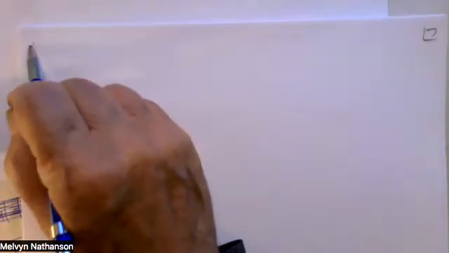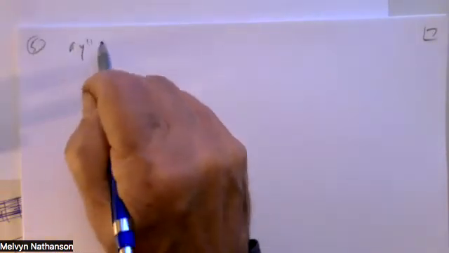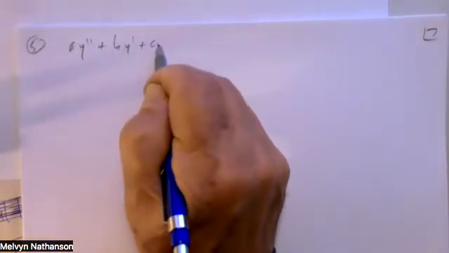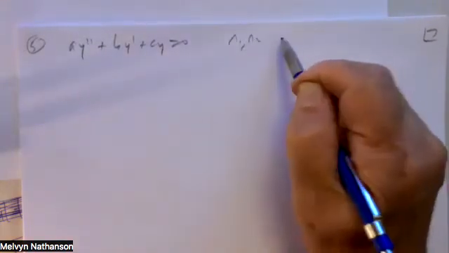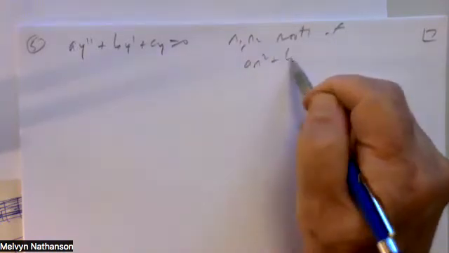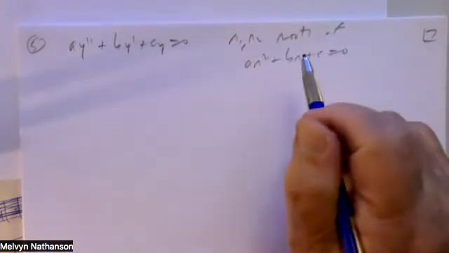So again, we're in this situation. This is problem 5. Ay double prime plus by prime plus cy equals 0. And let's say r1, r2 are the roots of the quadratic ar squared plus br plus c equals 0.